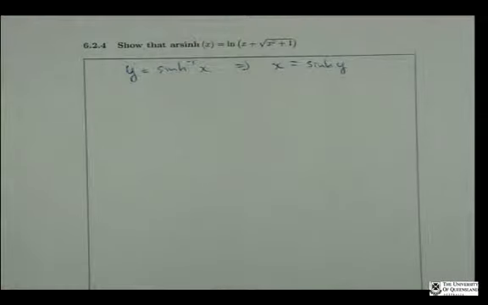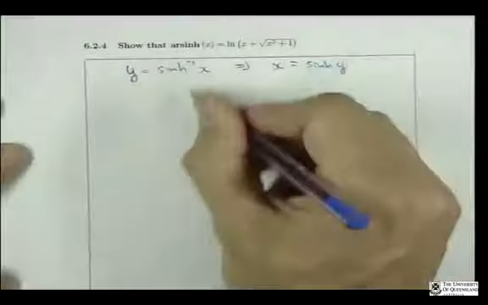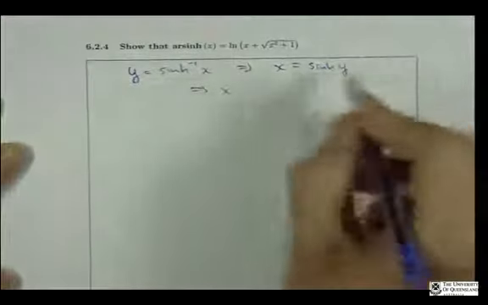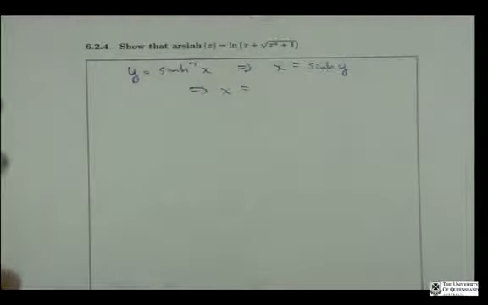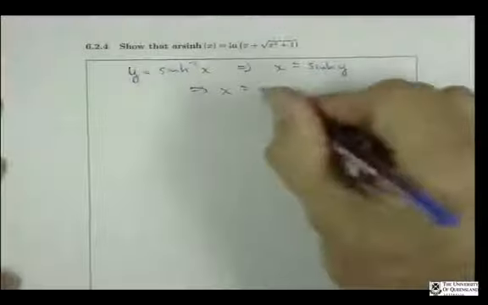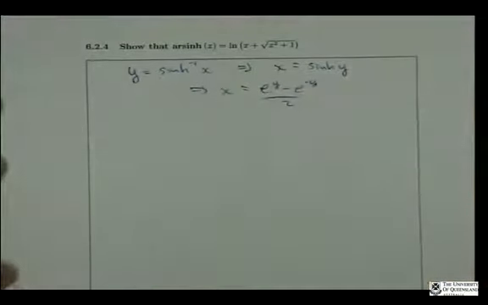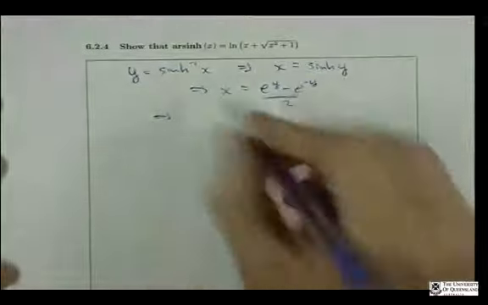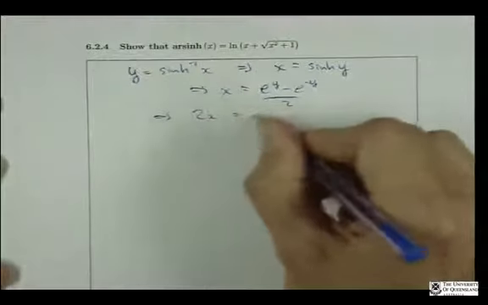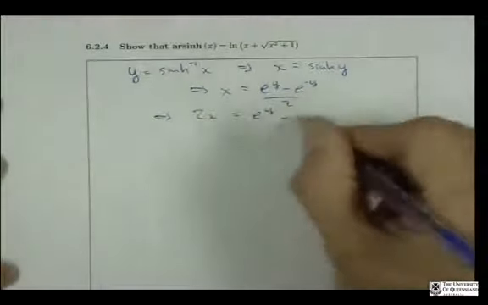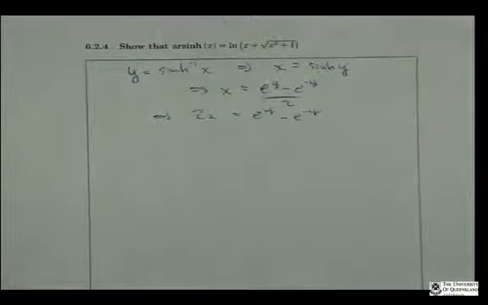Remember how we define sinh y: it's just defined in terms of exponentials, e to the y minus e to the negative y, over 2. So if I multiply by 2, I get 2x equals e to the y minus e to the negative y.